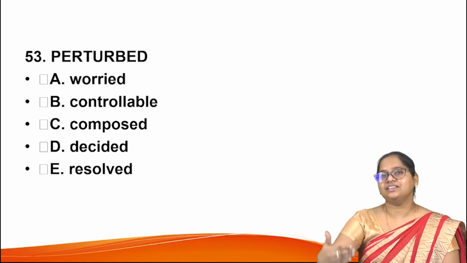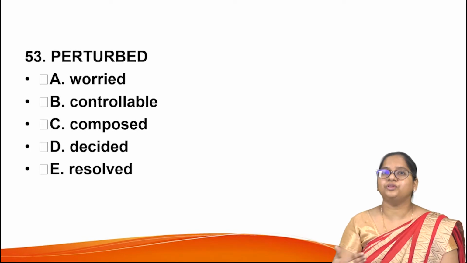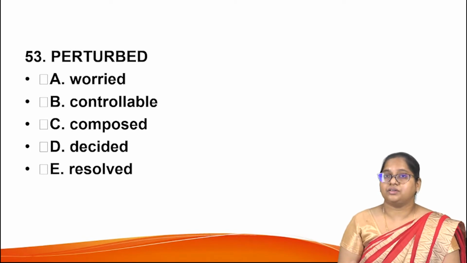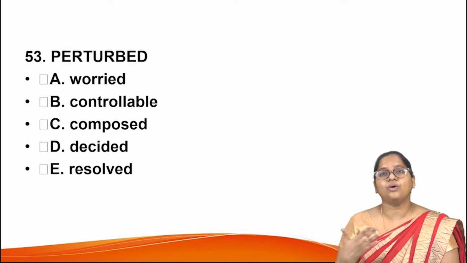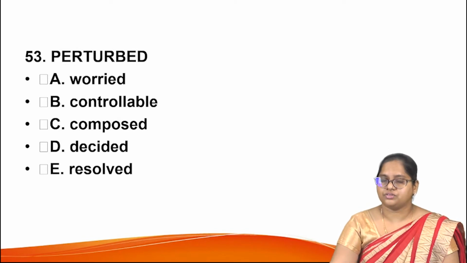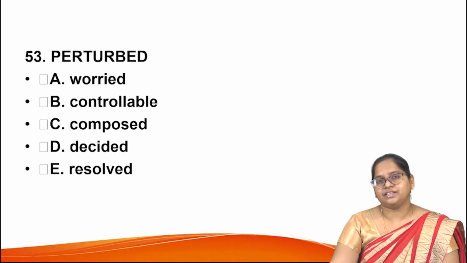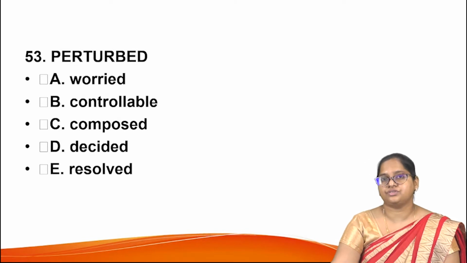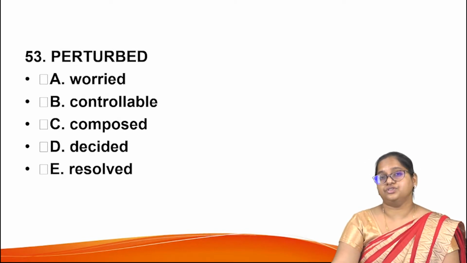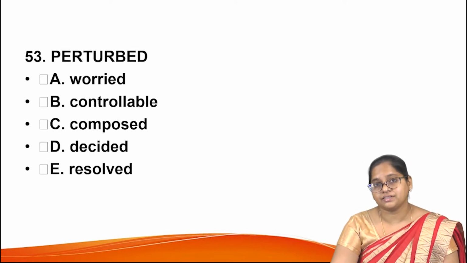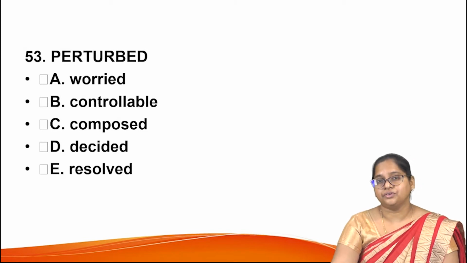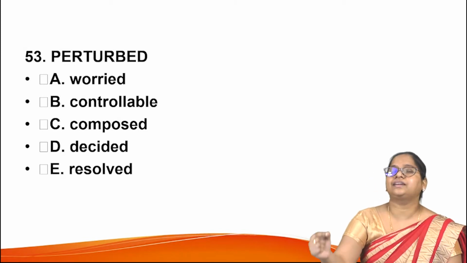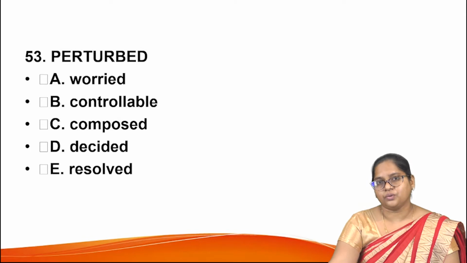So obviously the antonym will be the opposite of it, which could be controllable or composed. Both could be right answers, so you can choose one. If you have 2 options which are both near to the answer you think is right, choose the nearest and closest option to the question asked.